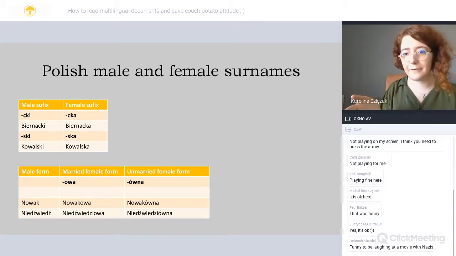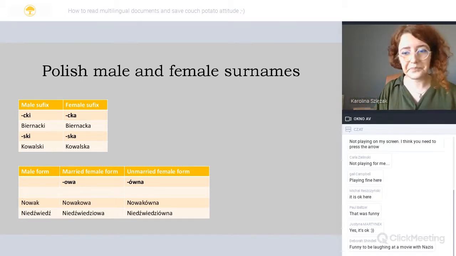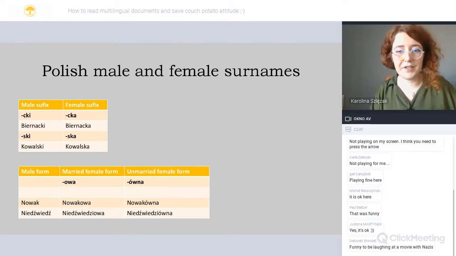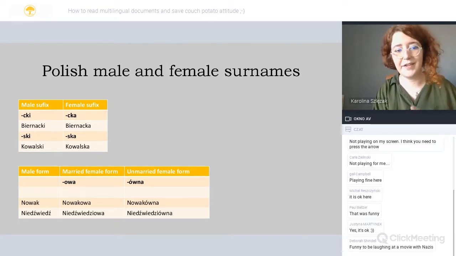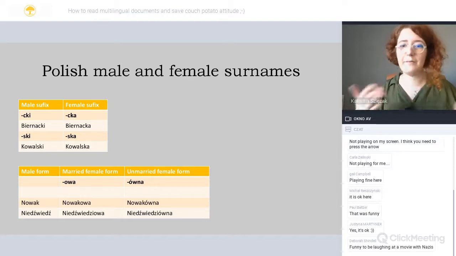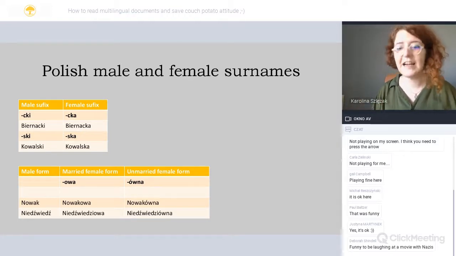So when we have surnames like Nowak, for example, when we have a woman that has married a man named Nowak, she will be Nowakowa or Niedźwiedziowa, as I can see on the list here, Toporkowa, Mikołajczykowa, and so on.